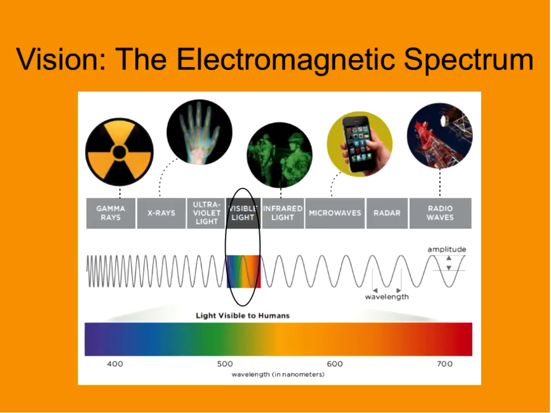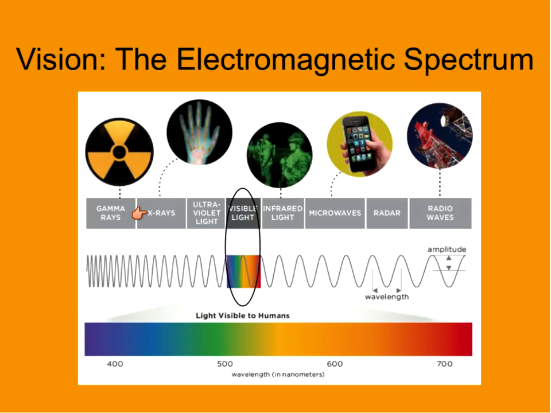We have a visual system that is attuned to light waves between 400-ish and 700-ish nanometers, which is a billionth of a meter, in terms of the wavelength, which is from the top of one wave to the top of the next wave. We are responsive to electromagnetic radiation between about 400 and about 700 nanometers in wavelength.